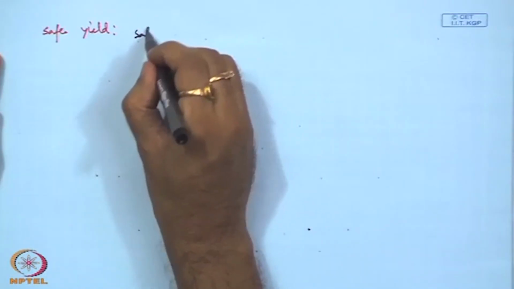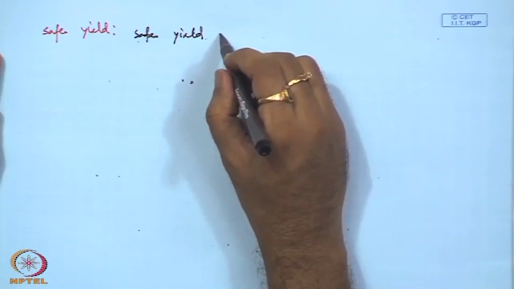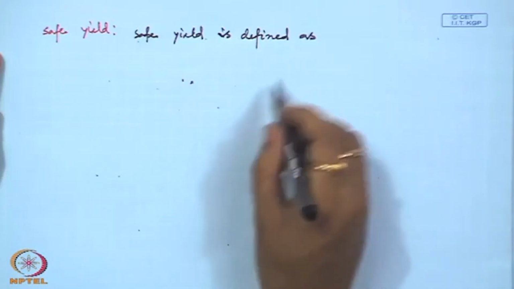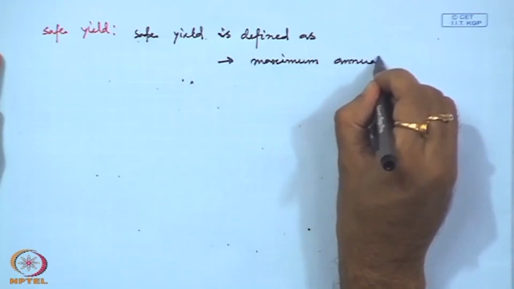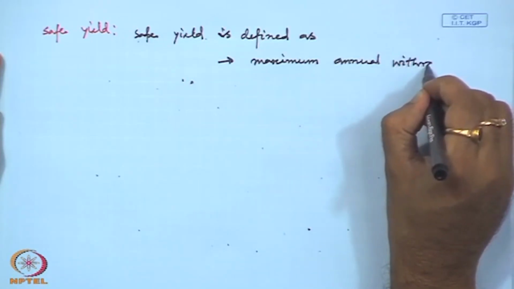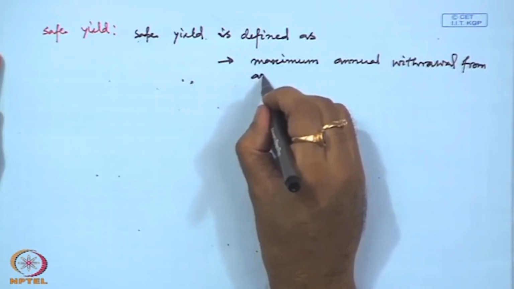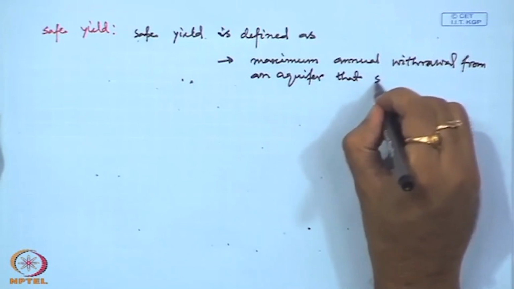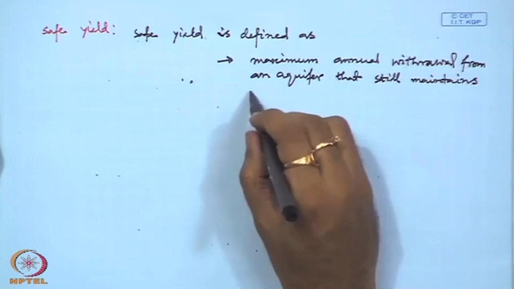Then we can say that this safe yield is defined as the maximum annual withdrawal from an aquifer that still maintains the sustainability of the aquifer.